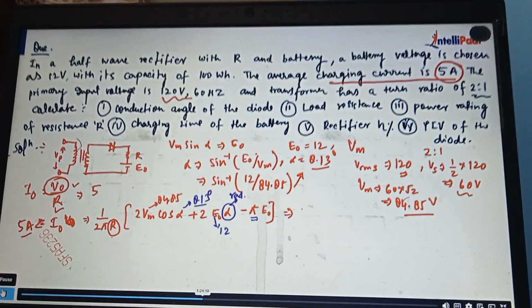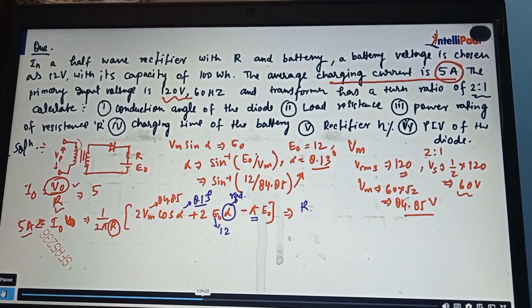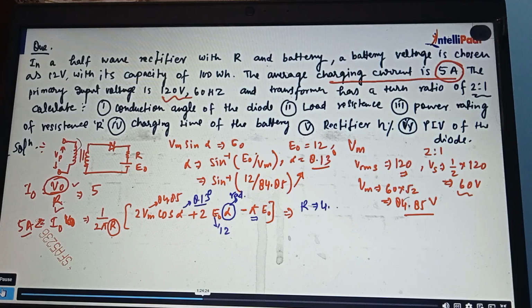Not 5 to 5 ohm. So R value would be, you have to calculate, that will come around 4 ohm. If you put all these values, try to understand, alpha we have to put in radian.